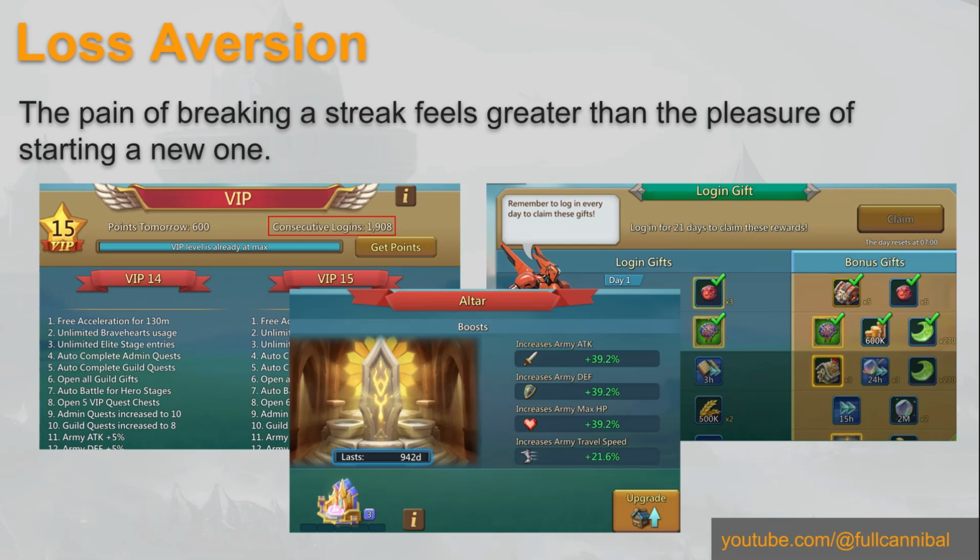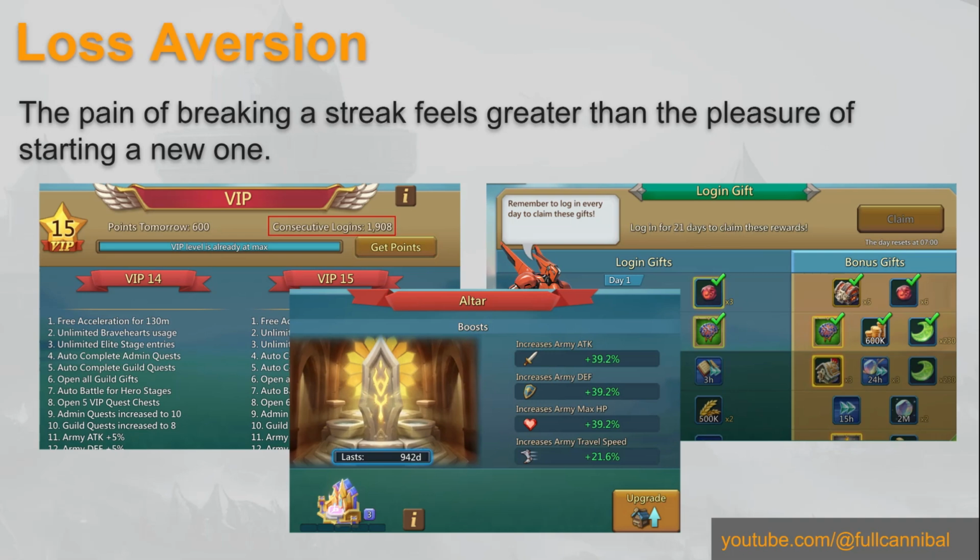Then there's loss aversion. So this is when you get into streaks. People have a tendency to not want to break a streak because it's painful, and the pain is greater than the pleasure of starting a new streak. Starting a new streak doesn't feel good, but breaking a streak that has been going for a long time, that really hurts.